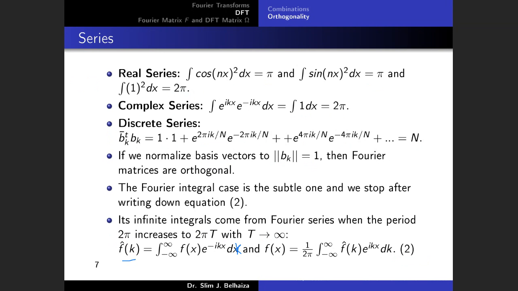And f of x is 1 over 2 pi times the integral from minus infinity to infinity of f hat of k e to the power i k x dk. Then there is a correspondence. So the Fourier integral case is the subtle one, which was just defined by this continuous case.